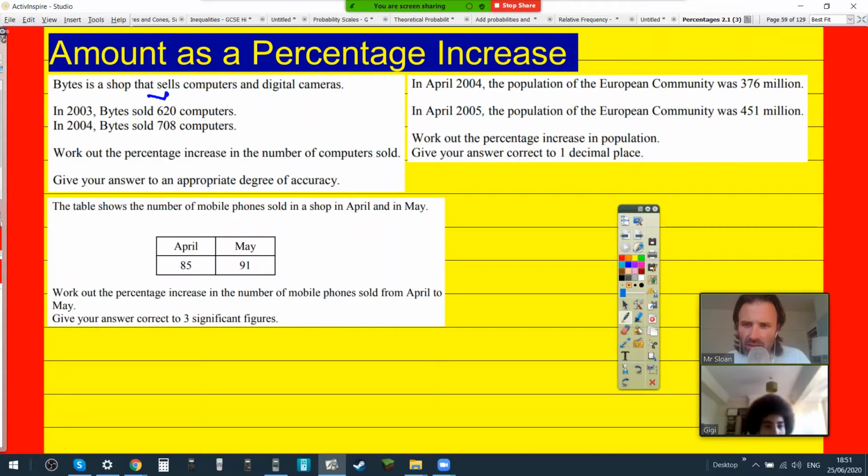It was 620, and then it rose to 708. You have to work out what percentage increase that is. So what is the increase as a percentage? Any idea how you do that?